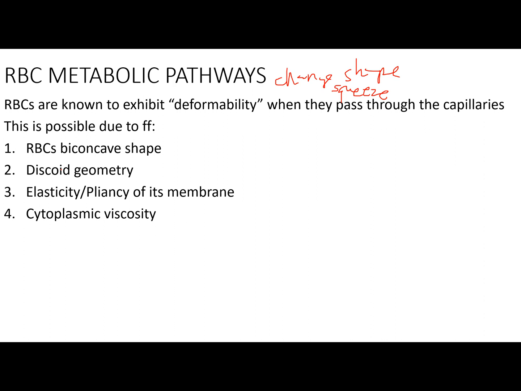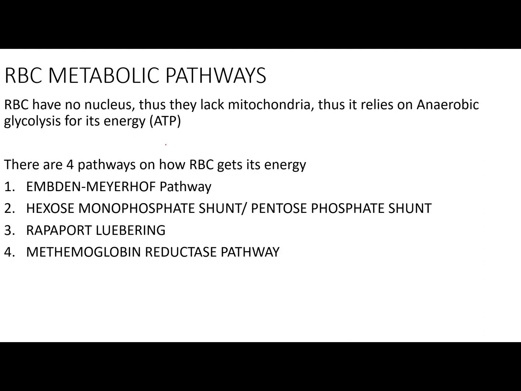All right, let's continue. Now, the RBC metabolic pathway, class. Now, since RBCs have no nucleus, they would lack a mitochondria. Now, if you still remember, ang mitochondria nyo is the powerhouse of your cell. It produces the ATP.